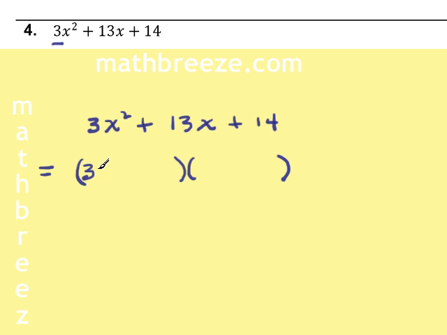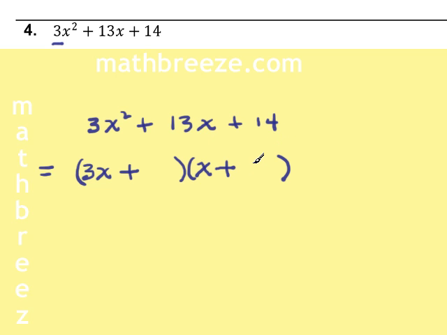So we're going to fill in with 3x and x for first times first. Everything is positive, so I'm filling in with 2 pluses. Now, last times last is 14. Well, we can factor 14 as 7 times 2 or 14 times 1. Now, I think if we factor as 14 times 1, our middle term will get too big, so I'm going to go with 7 times 2.